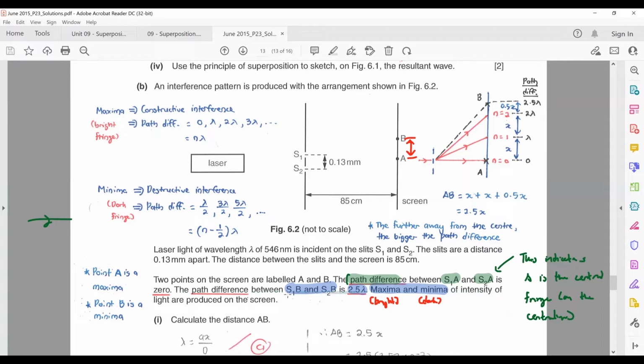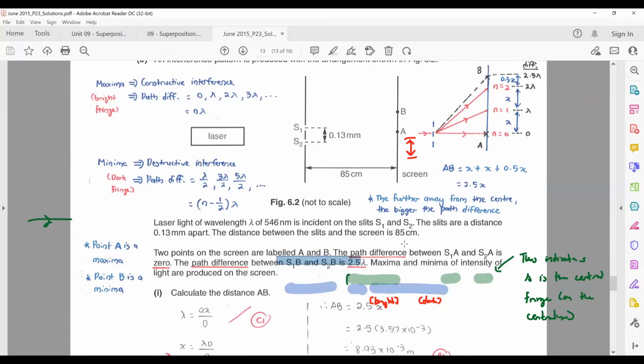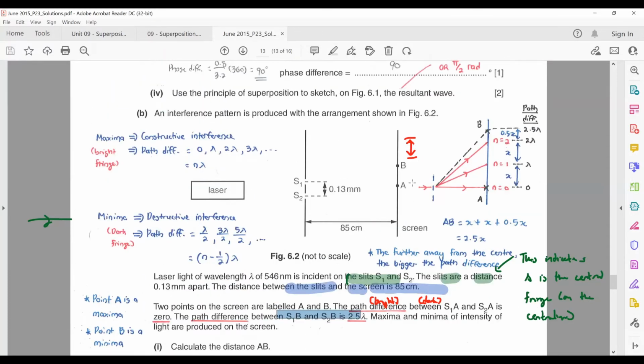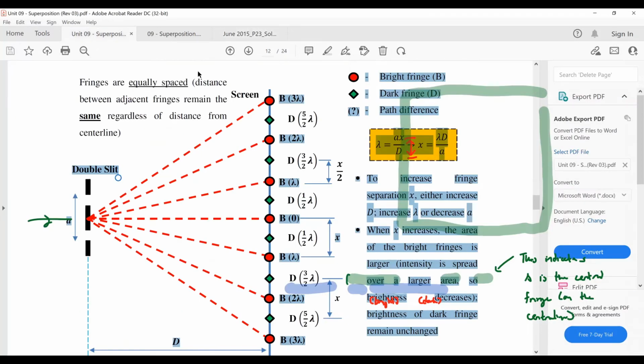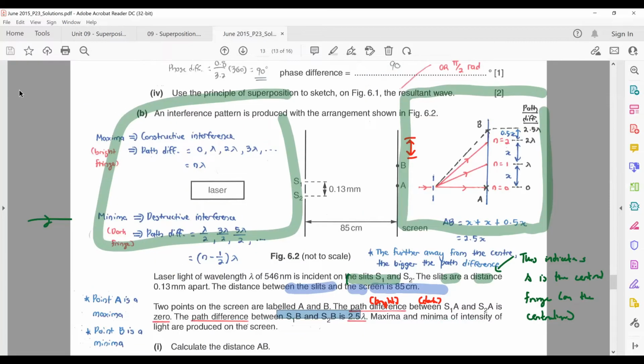And then they tell you the path difference between S1B and S2B is 2.5 lambda. So what's the distance between AB then? What you have over here is something like a small cutout of what you have on page 12. Remember I mentioned at the center where you have your bright fringe, your path difference is 0.